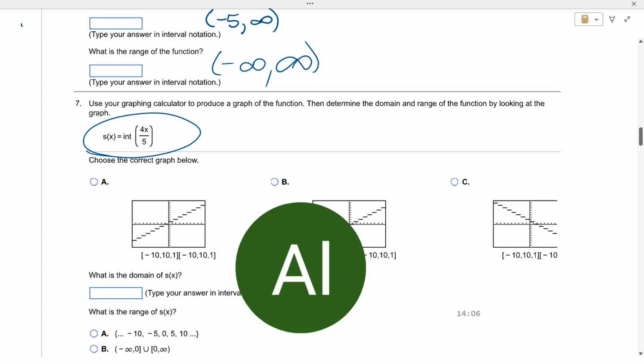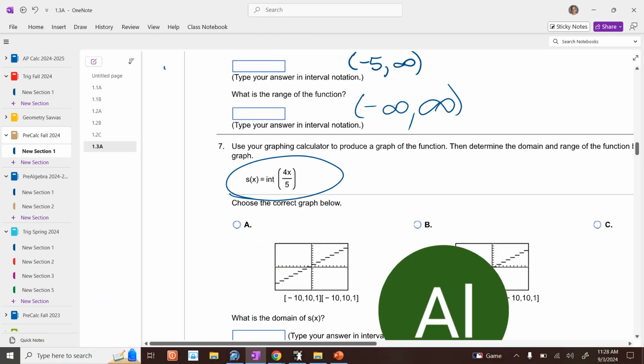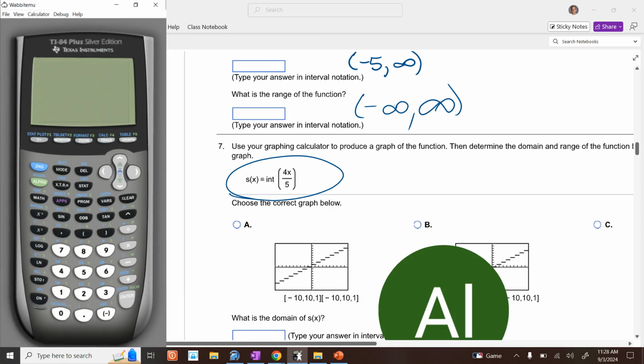All right, well, here, let me just graph it quick. I'll show you how the greatest integer function works on the graphing calculator. There we are on second quit. Y equals clear. All right, so the greatest integer function is math. It could be FNN.